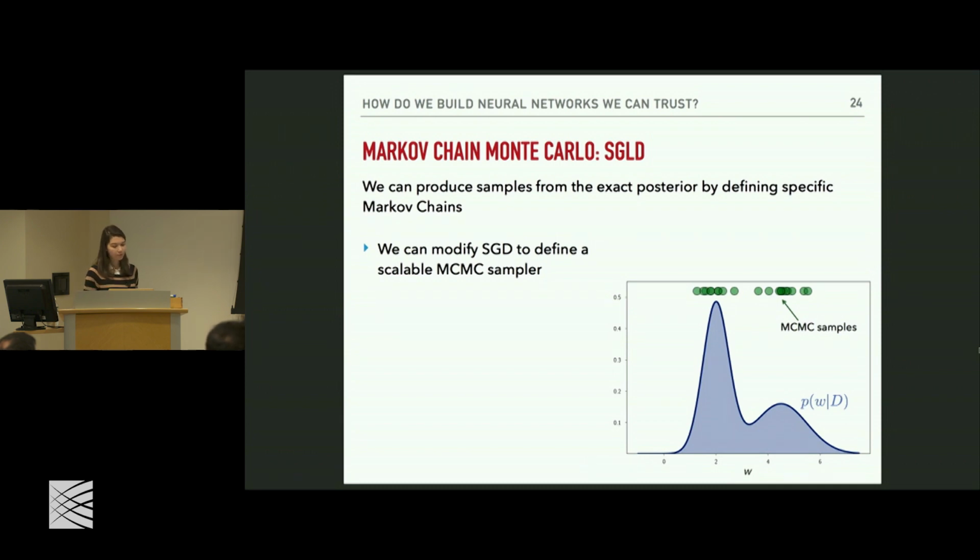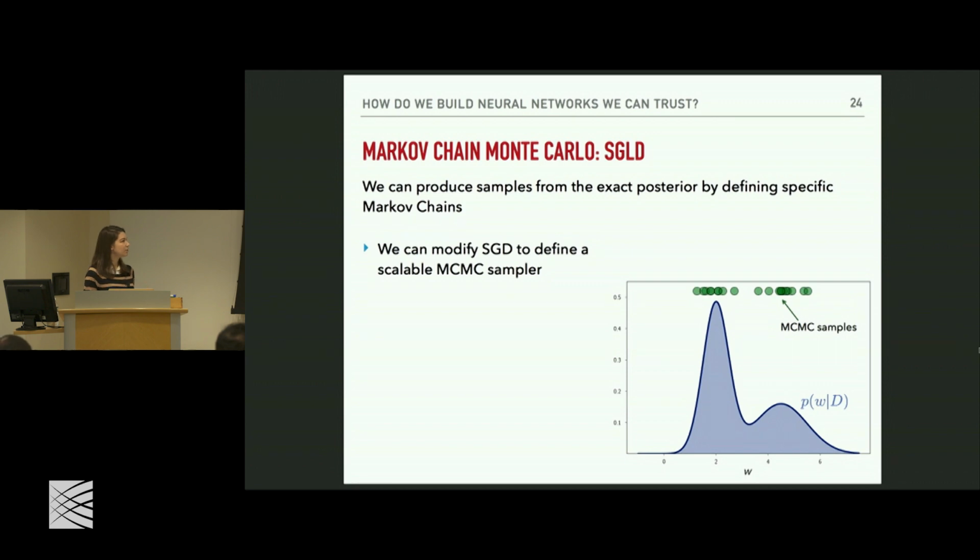Another popular approach is Markov chain Monte Carlo. I won't go into much detail about it, but instead of fitting some closed-form approximation, we want to build an algorithm to approximately sample from our posterior. So instead of a distribution approximation, what we get from this approximate inference method is Markov chain Monte Carlo samples coming from our posterior.